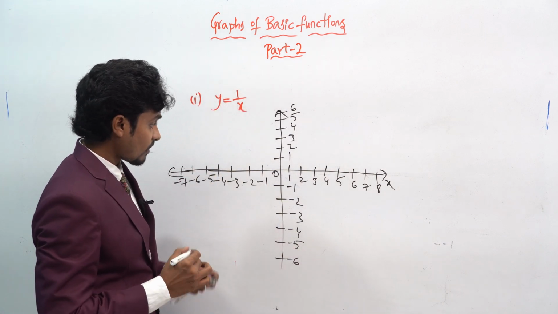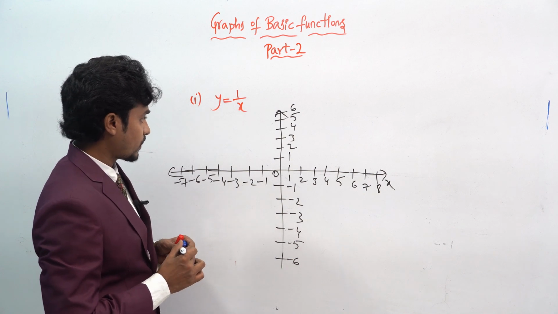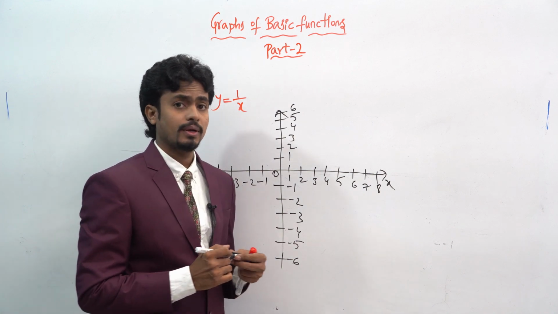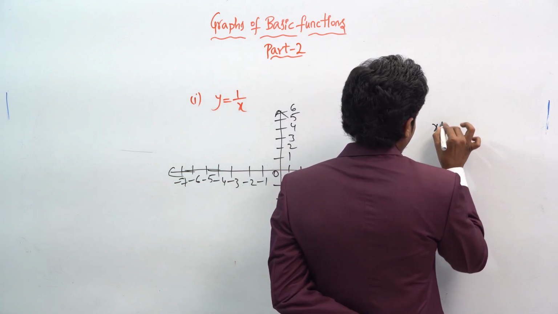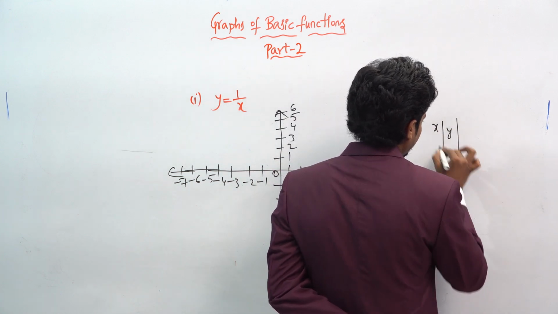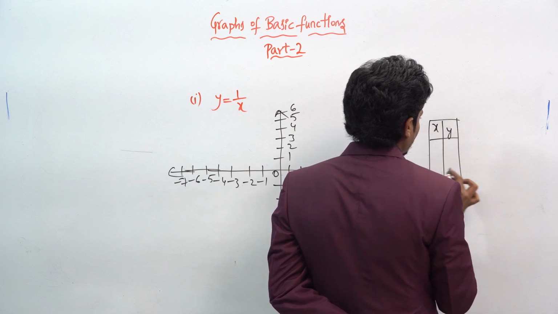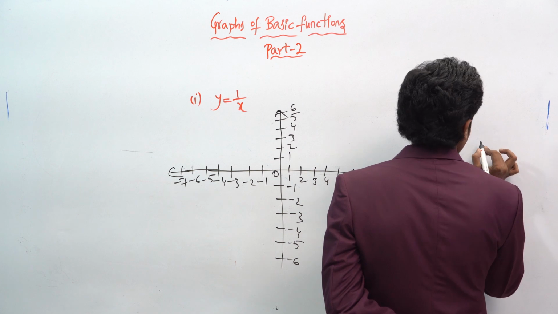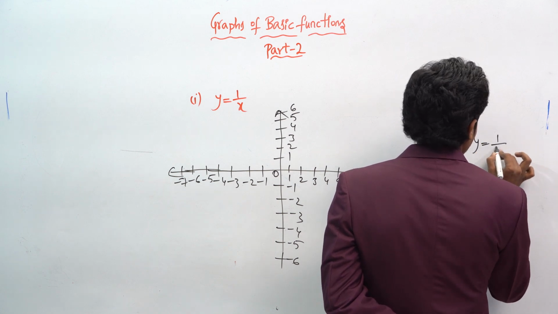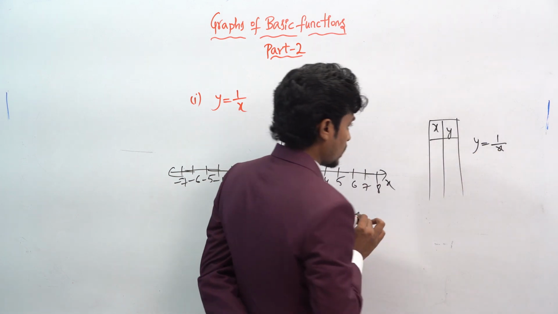Okay. First step, we will take the table for the input as well as the output. So here x and y. Your target is y is equal to 1 divided by x, right?